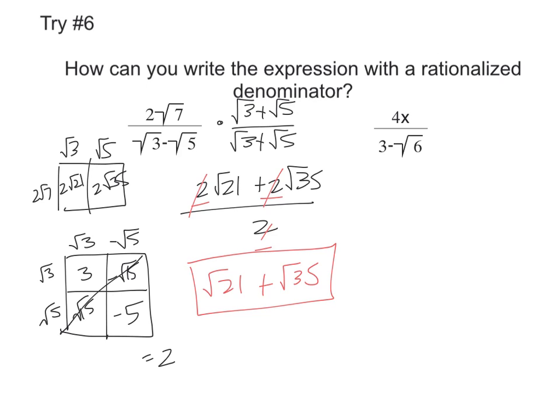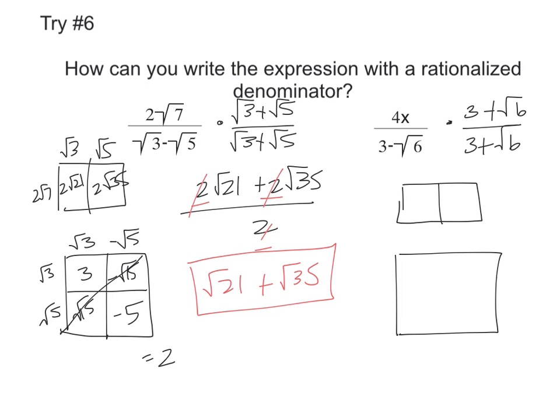All right, so in our last example, we need to multiply by the conjugate. So our conjugate is 3 plus the square root of 6 over 3 plus the square root of 6. Okay, so we'll do the monomial for that one and the binomial here. This will be 4x and 3 square root of 6.